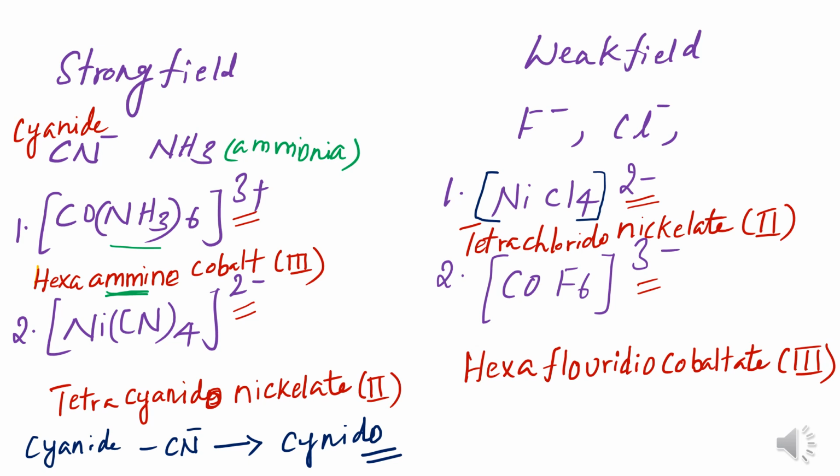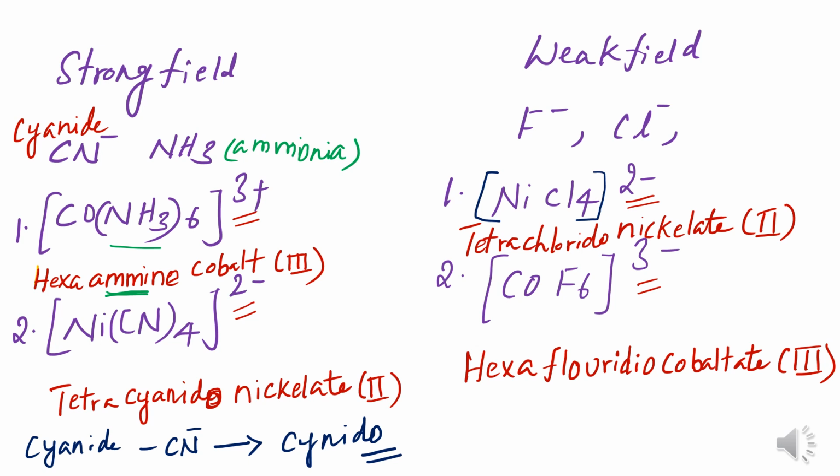Like that, the weak field ligand names will also be gone through. Here it is a complex anion in both cases. Nickel as well as cobalt are present in complex anions. Nickel is present with a 2- charge in the entire complex, and its oxidation state is +2, present in a complex anion, right?